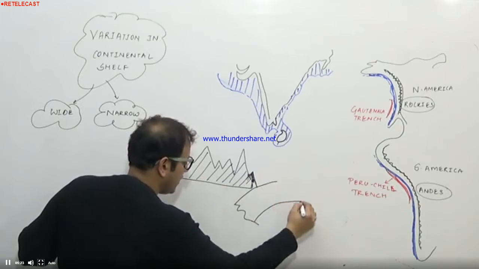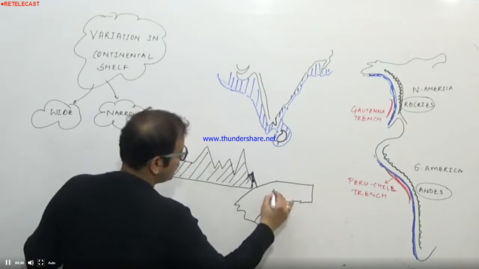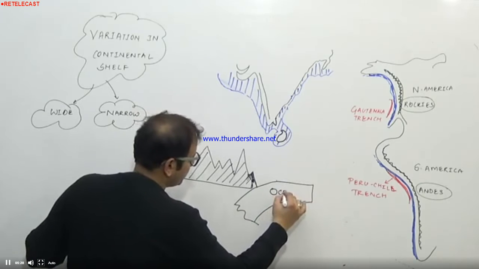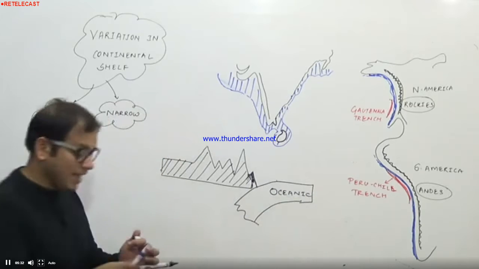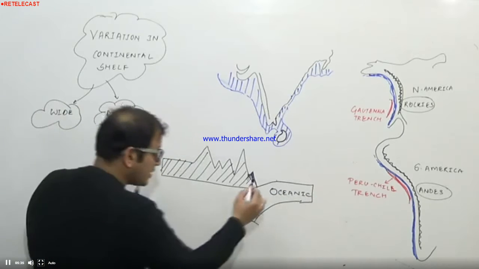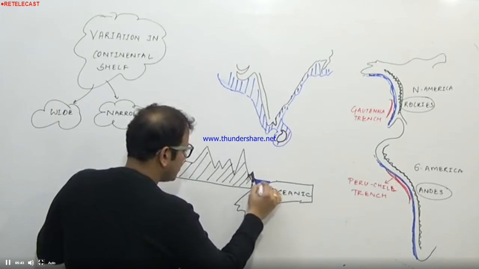So there is one plate which is going below the other plate. Now here you remember the oceanic plate is going below the continental plate. And in this, when there is a deeper part here, you can see this deeper part is the oceanic trench.